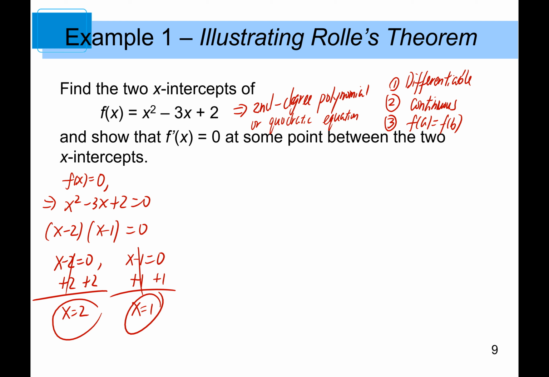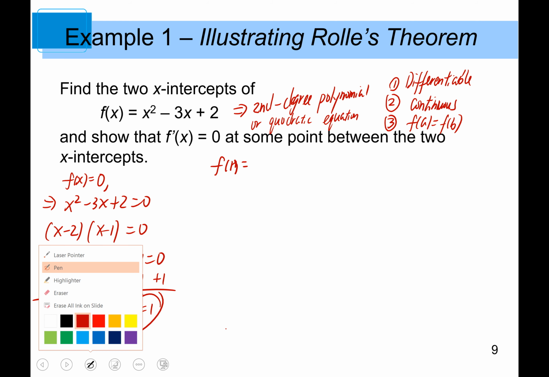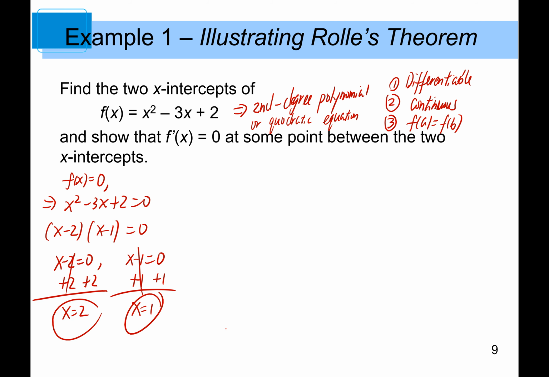So let's see what f of 1 is. This is f of a. Let's see if it equals f of 2. f of 1 equals 1 squared minus 3 times 1 plus 2, which equals 0. f of 2 equals 2 squared minus 3 times 2 plus 2, which is also equal to 0.